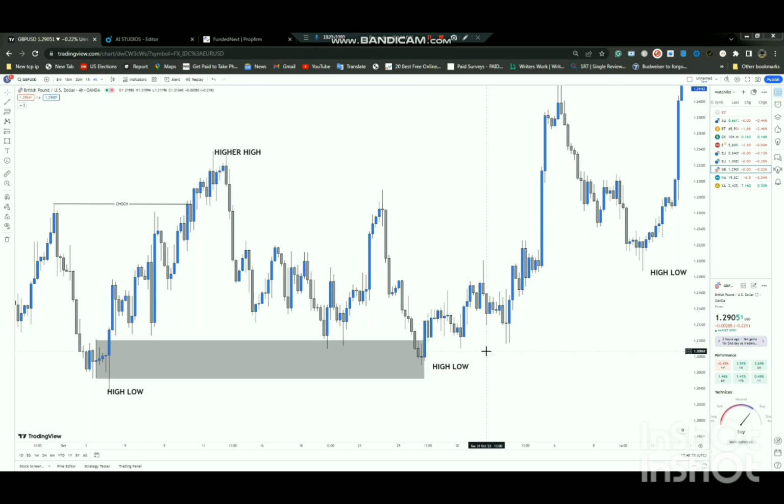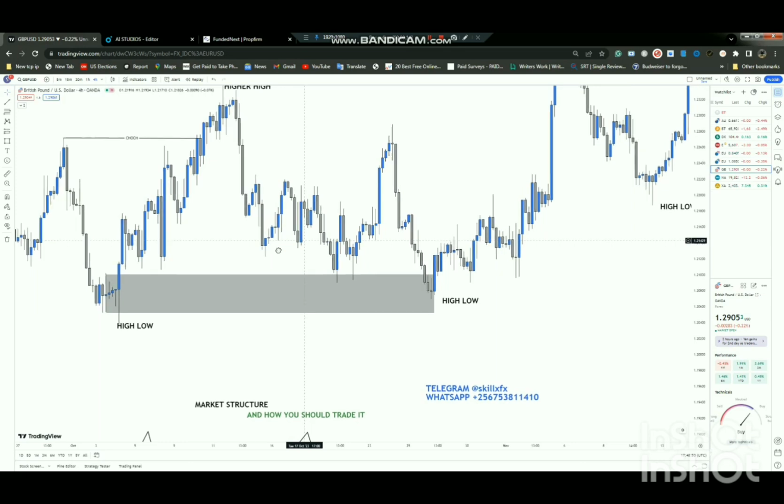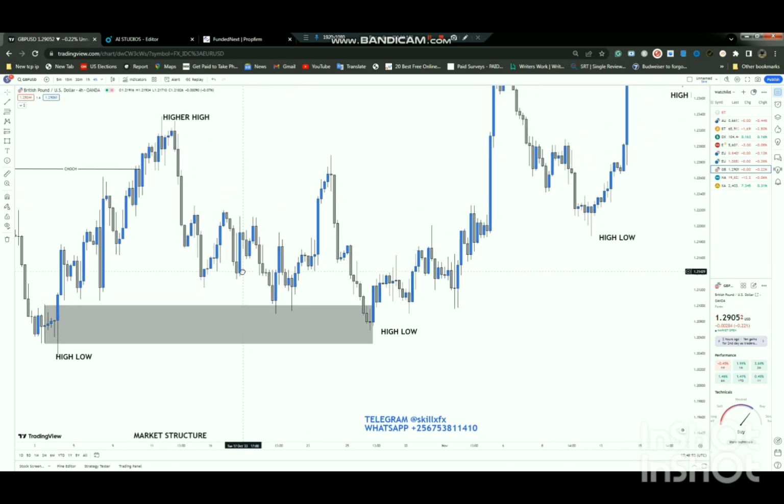So now you see what happened here. Inside this structure, the market still moved. I think you see this. After touching this last order block, the market did what? The market moved and changed character again.